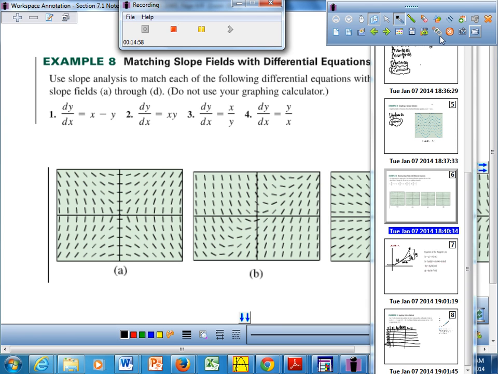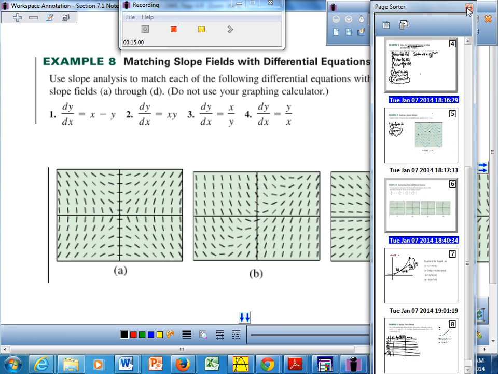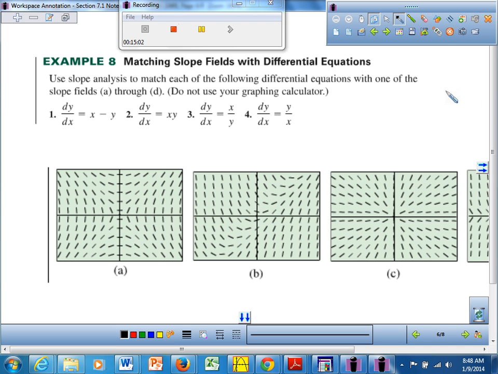Okay, so let's look at our next example. And this type of problem comes up on the AP test quite often, and they're a little tricky because you don't know exactly what the range is on the windows. What we have to do is match the proper slope field to its differential equation.